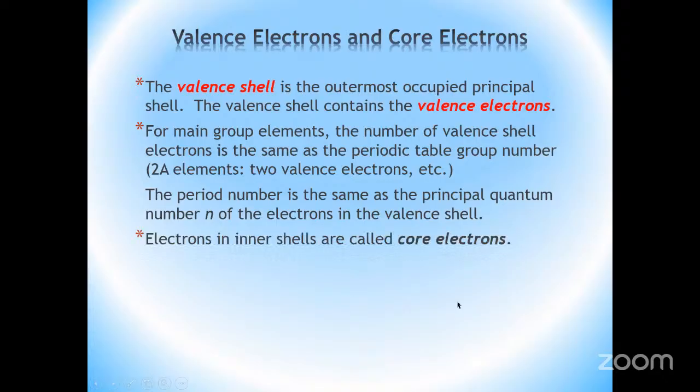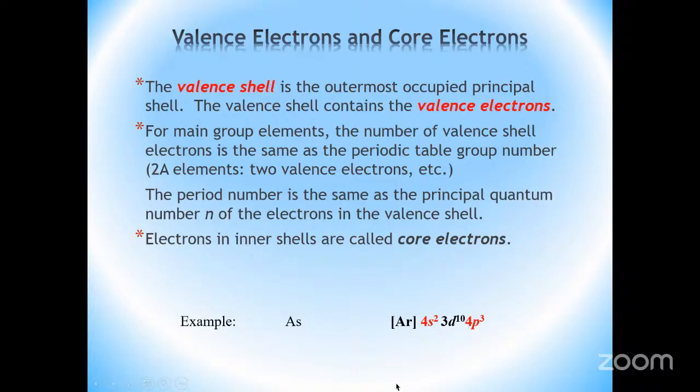Now the other group of electrons are known as the core electrons. There are 2 categories of electrons in the electron distribution of the atom: the valence electrons, and the other electrons, which are the core electrons. To distinguish between these two, here we have the electron configuration of the element arsenic, the abbreviated version.